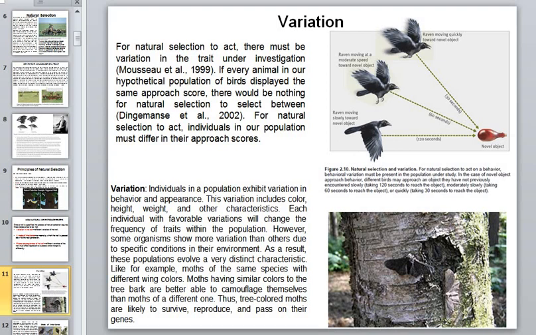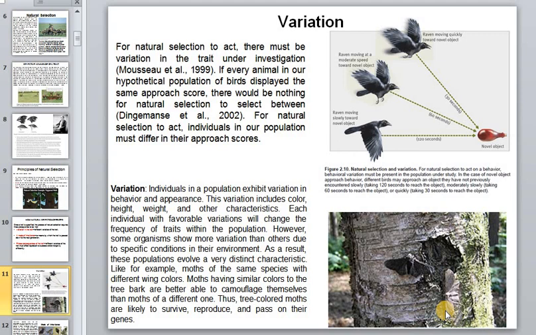And so at first, for natural selection to act, there must be a variation of the trait under investigation. This variation includes color, weight, or reaction time, for example, or just a variation like individuals in a population exhibiting variation of behavior and appearance.